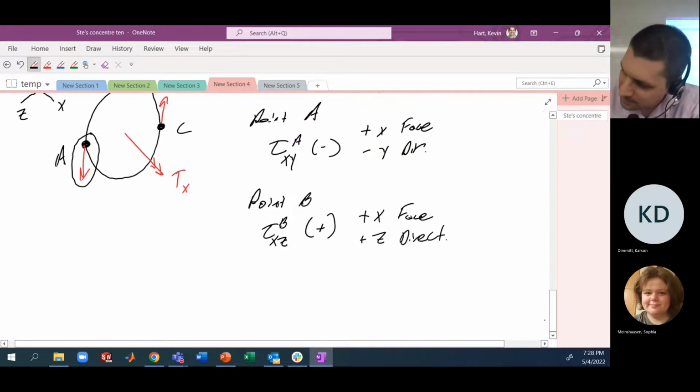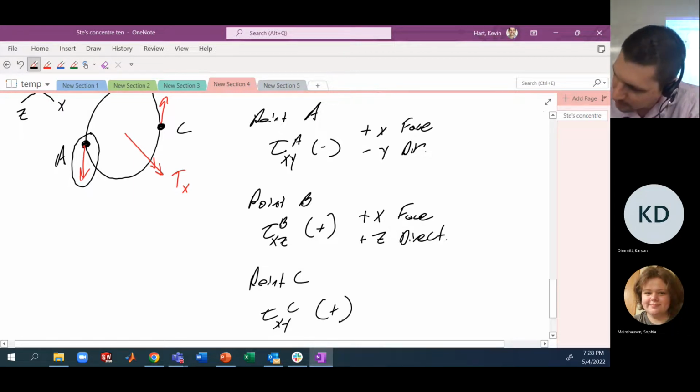Lastly, point C, tau XY, generally positive because we have positive X face and we have positive Y direction.